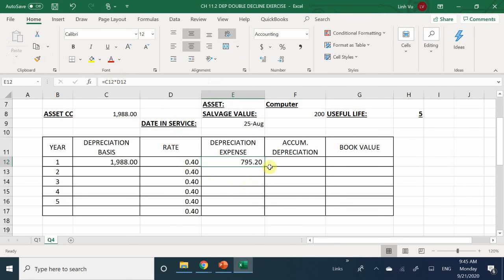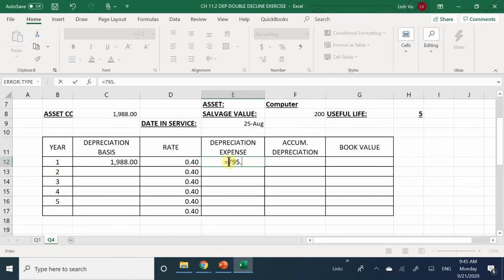Okay. So in this case, 795.2. How are we going to calculate 4 months total of this asset?